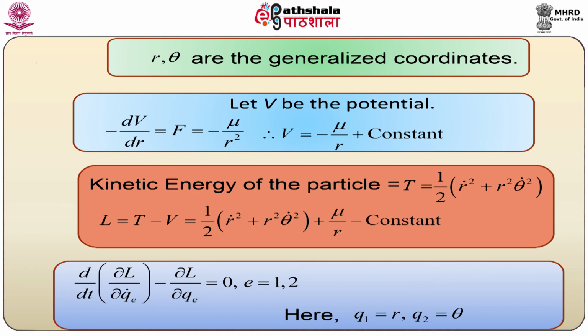The velocity of the particle is r dot, which is the radial velocity. Its cross radial velocity is r into theta dot. So, T is equal to half into r dot square plus r square into theta dot square.